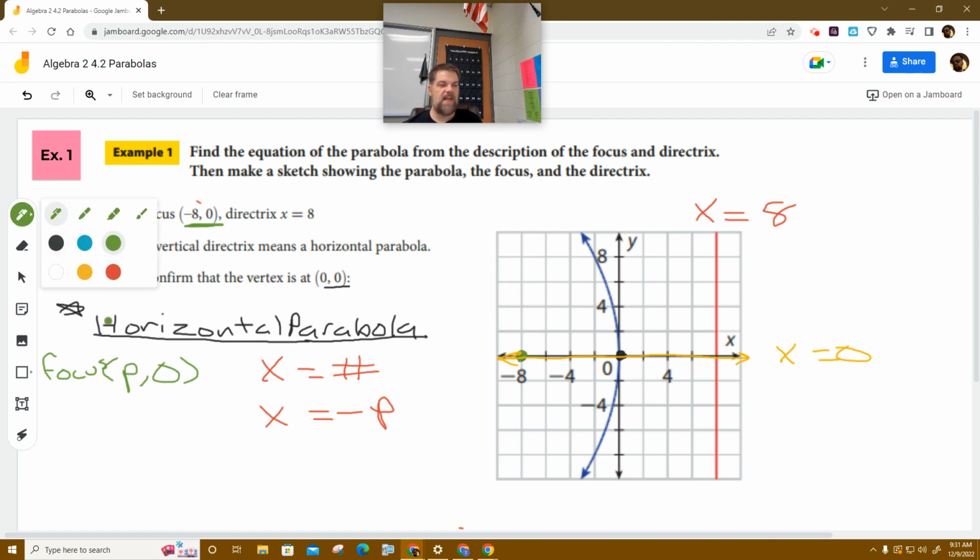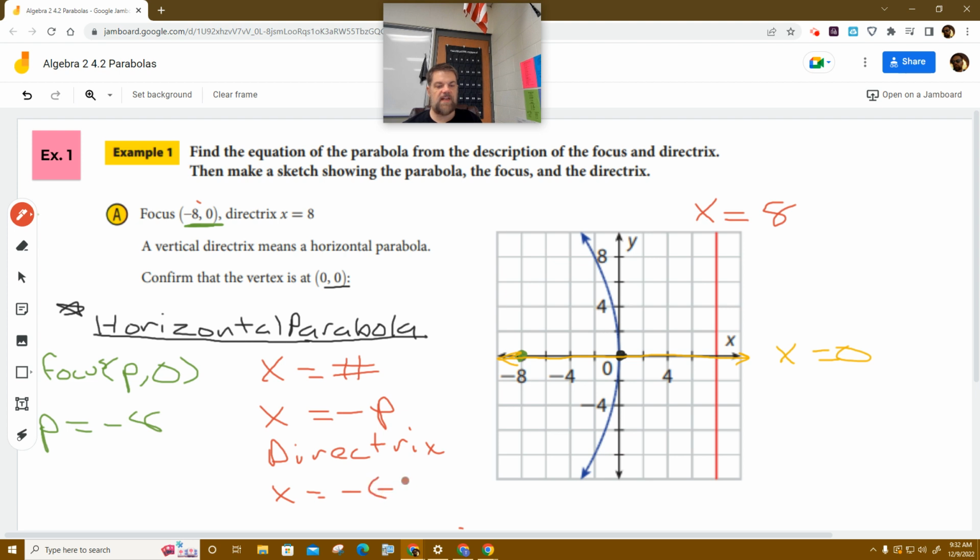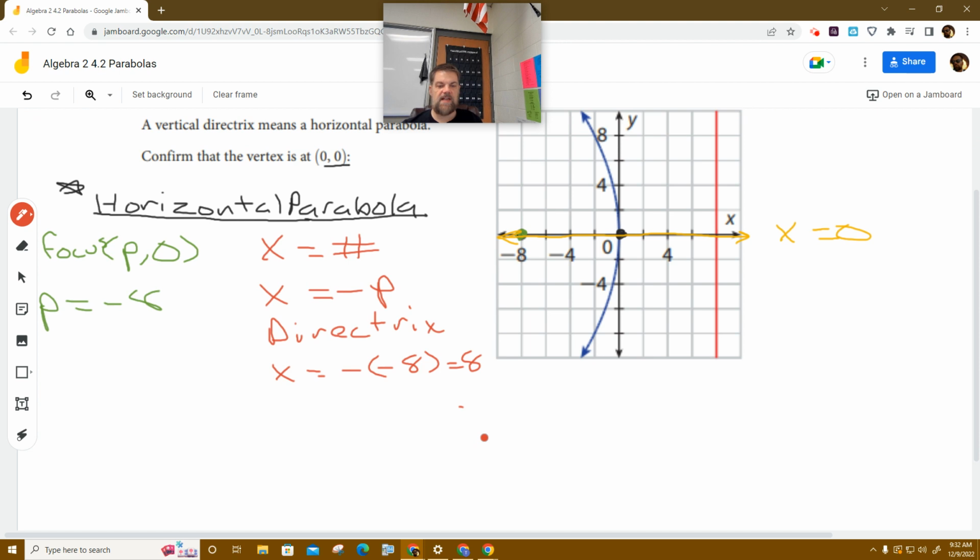So then my directrix, x equals negative p, which equals 8, right? So that checks out.